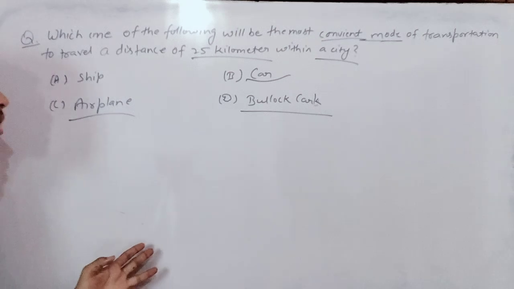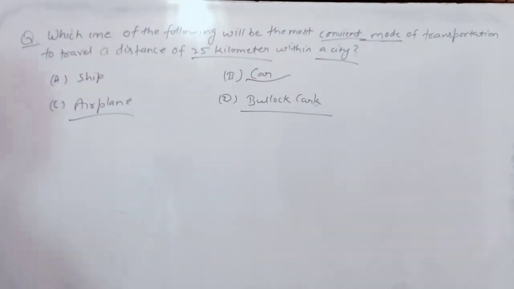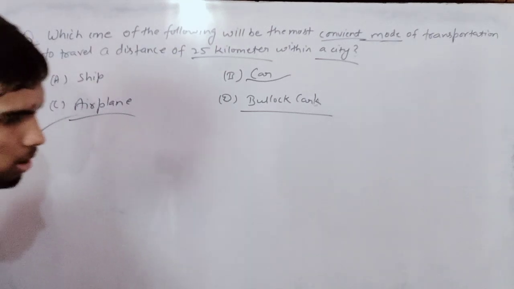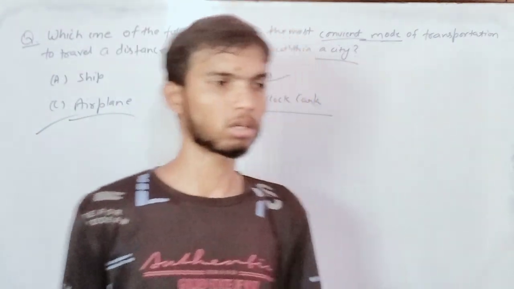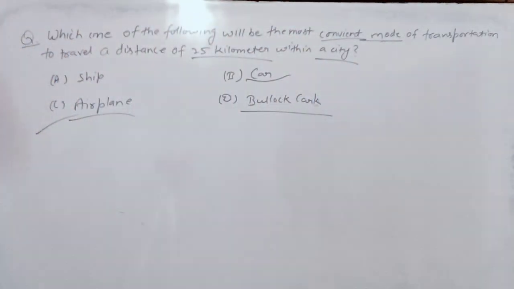A ship will be convenient for sea or ocean. An airplane is convenient for a long distance, not this much distance of 25 kilometer. Now, next one, let's see.